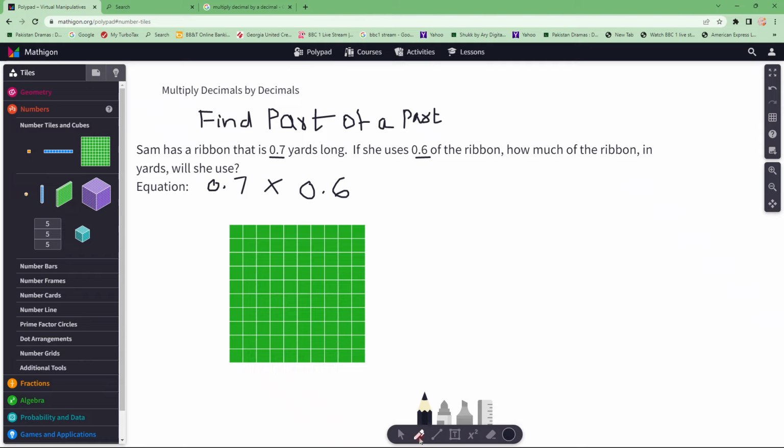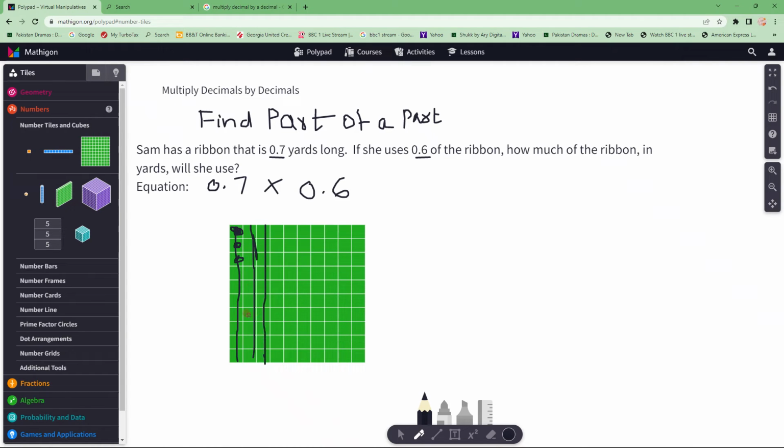So what I will do is color this to show that we have only 7/10 of this yard. So if I shade in the entire tenth, the whole tenth gives me 1/10, right? I have only 7/10, so I'm going to shade in 7/10 here.